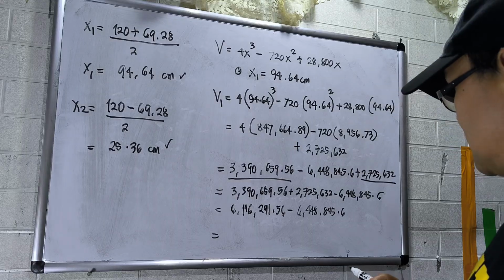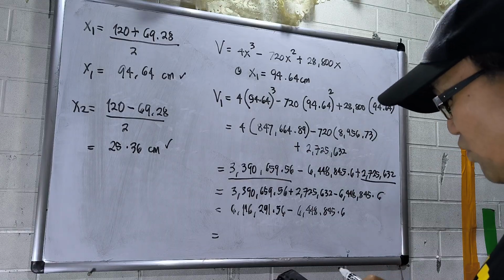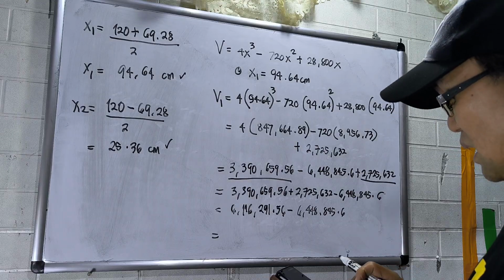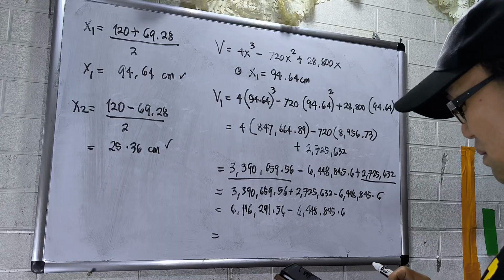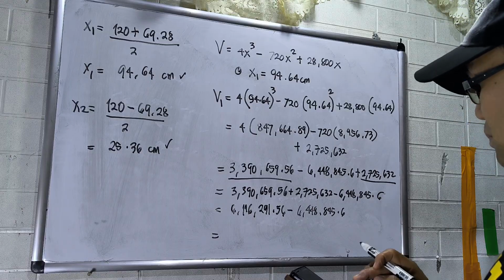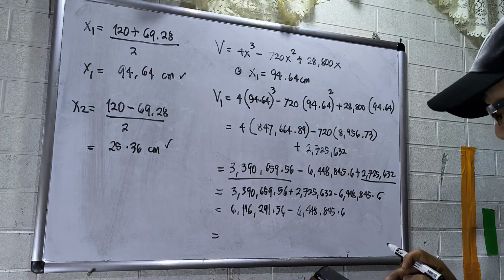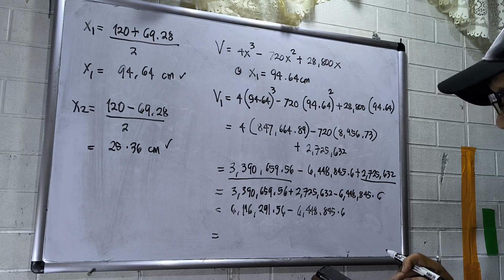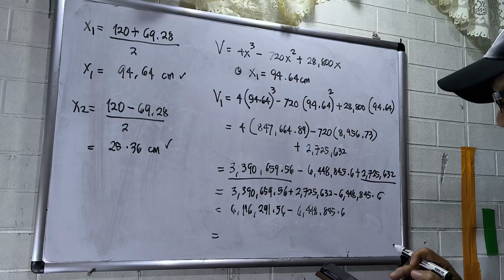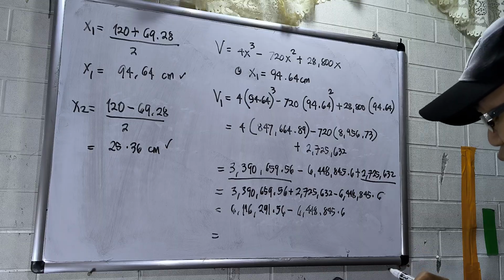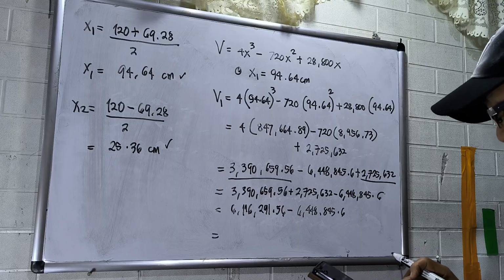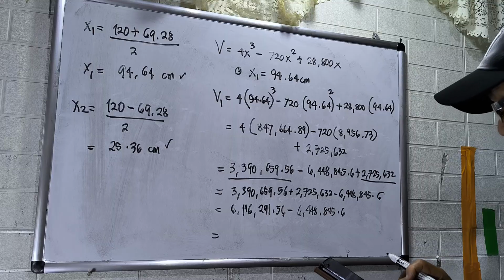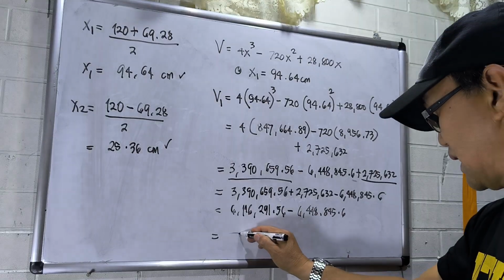So 6,116,291.56 minus 6,448,845.6 equals, so this will be negative.